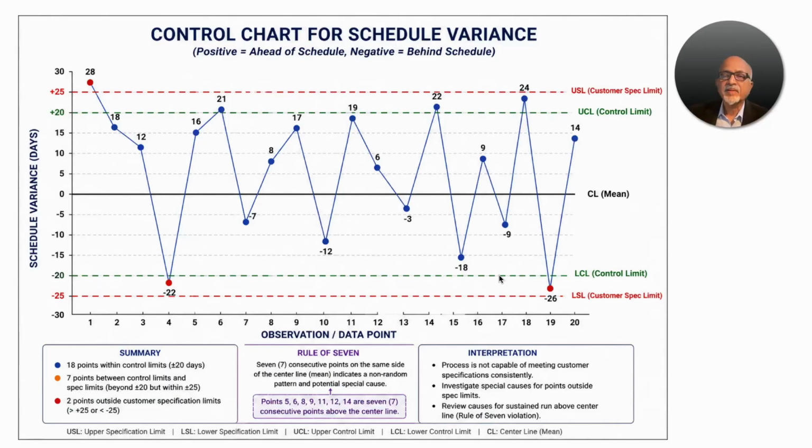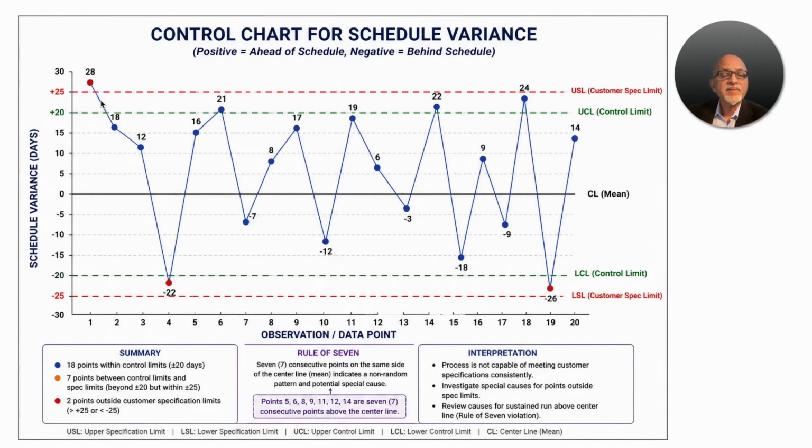Then we have a control chart. There is a general saying that whatever you want to improve must be measured. Without measurement, improvement is not possible. In a control chart, in the middle we have the mean, and the red dotted lines are the customer specification limits.